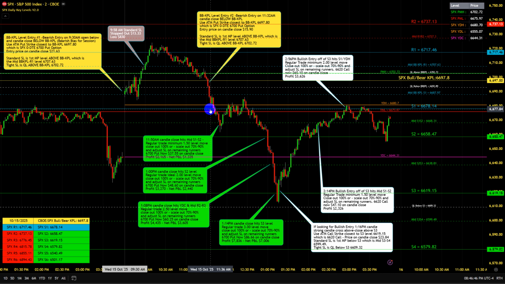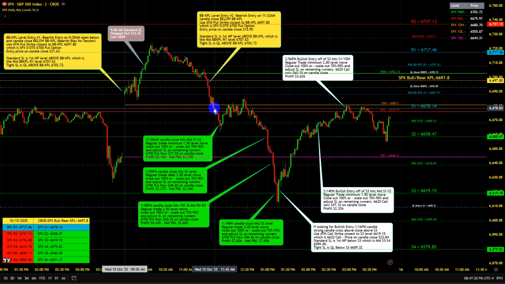Now, as you can see here, you may not be able to see it on your screen. It came very close in these two candles to hitting the YDH level, but then on this candle here, it finally hits the S1 level and breaks below the YDH level, all in the same candle. It did wick below the S1 level as well, but as you can see, it does touch it and also went through it and closes right on the level.